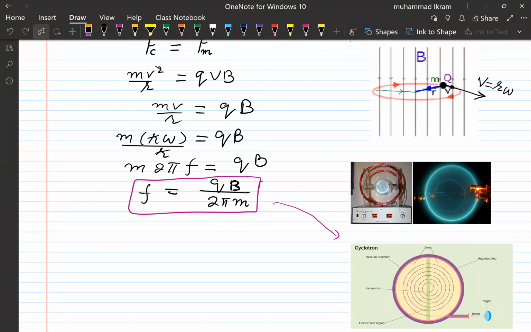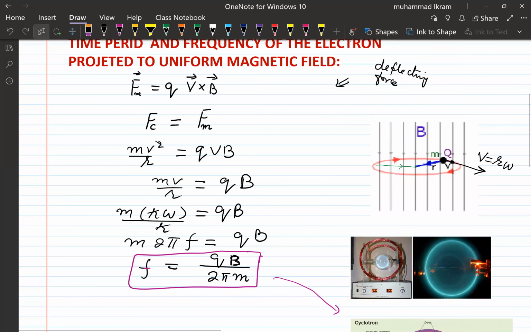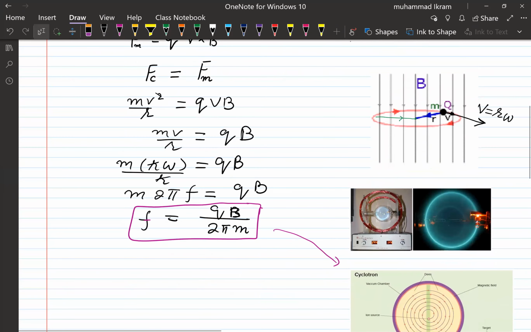And this can be done by electric and magnetic field, right? So the perpendicular electric and magnetic fields can be used to increase the energy of this particle, where the magnetic field deflects the path and the electric field accelerates the charged particle, right?